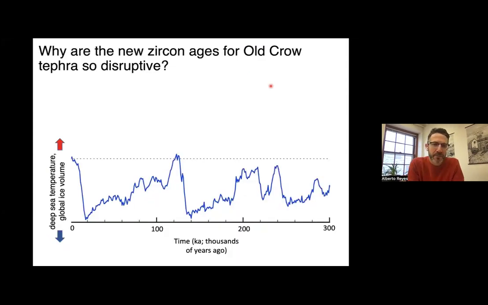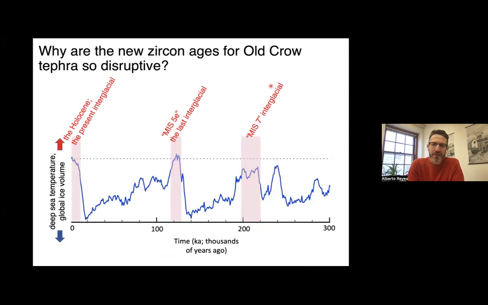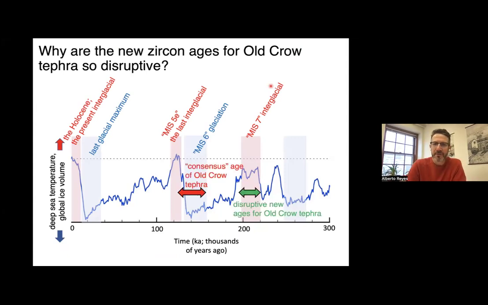So here we have the Lisiecki-Raymo benthic stack, time going from right to left, and here are the interglacials, right? Stage 7, 5, and the present, and then let's overlay the glaciations, and let's put in the two competing hypotheses about the age of the tephra: the consensus age based on those decades of fieldwork and fission track dating, marked right there, and then the disruptive new uranium-based ages for Old Crow tephra.